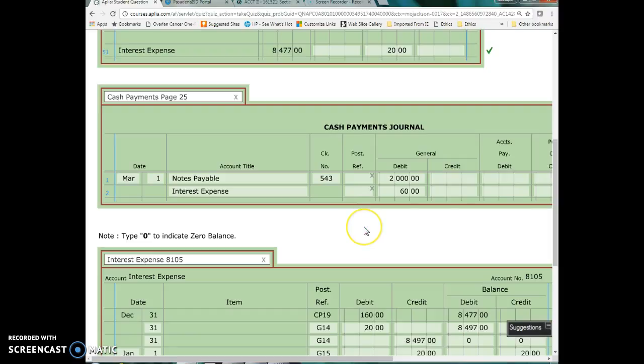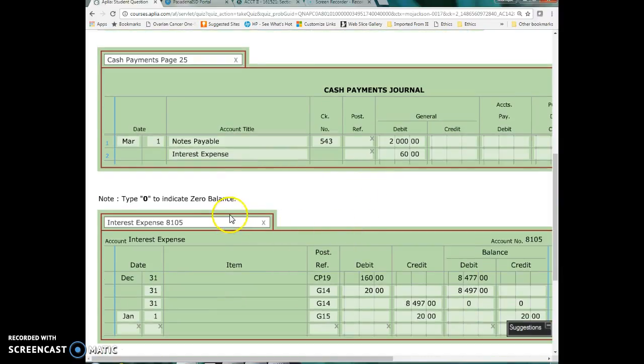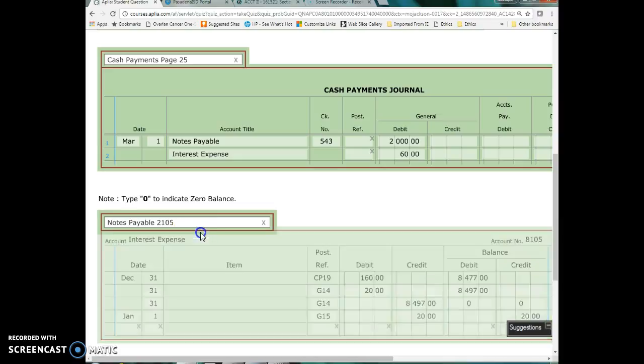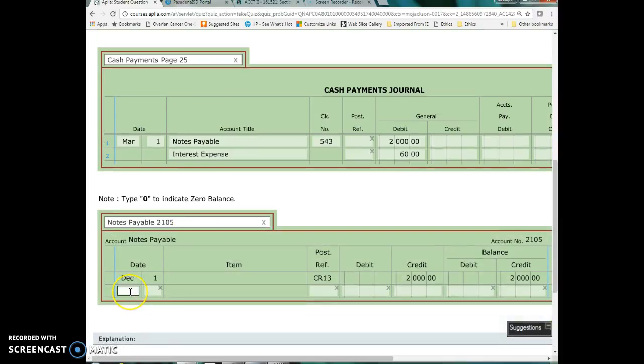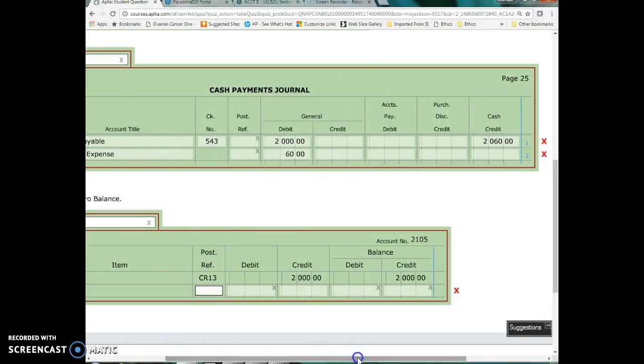All right, we just have to post and then we will be done. Post first to, guess where? Yes, notes payable. March 1st. Coming from CP, that's page 25. There's your 25 right there.